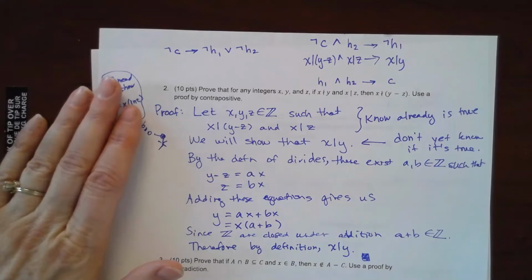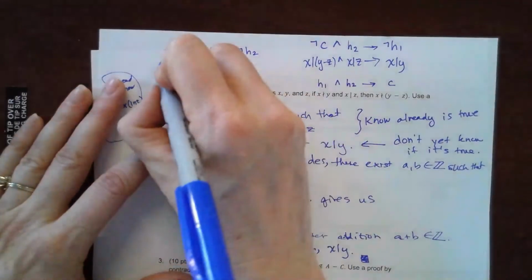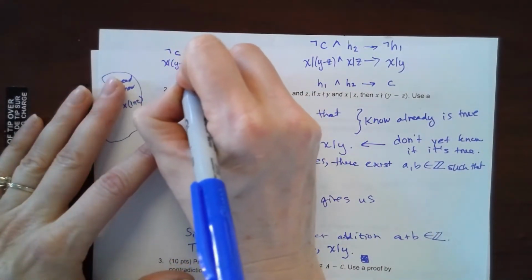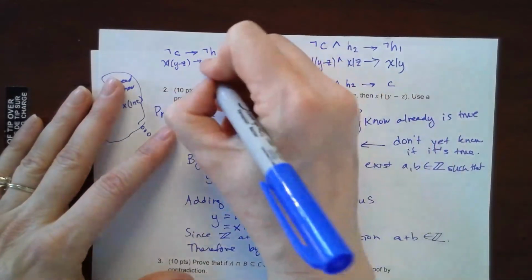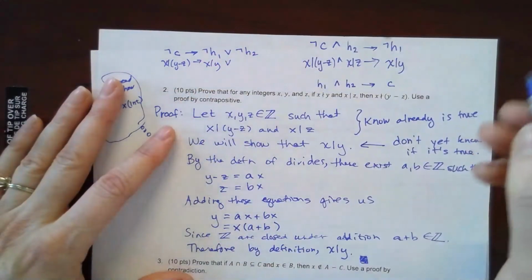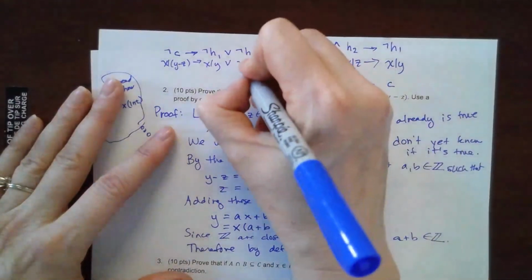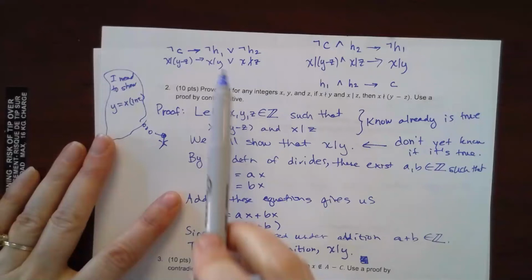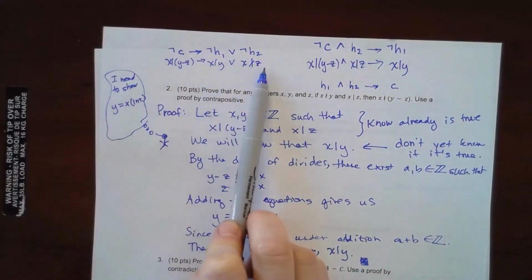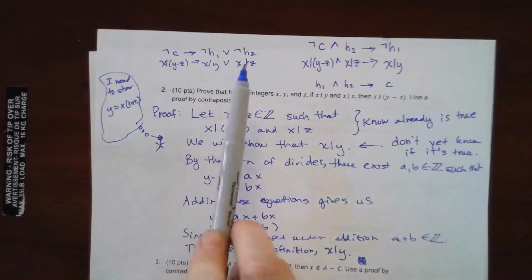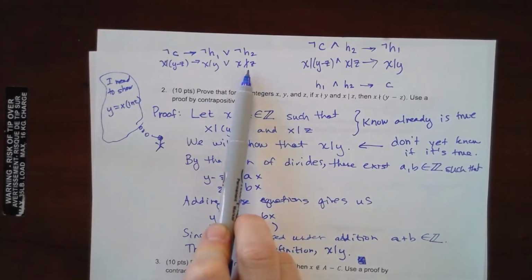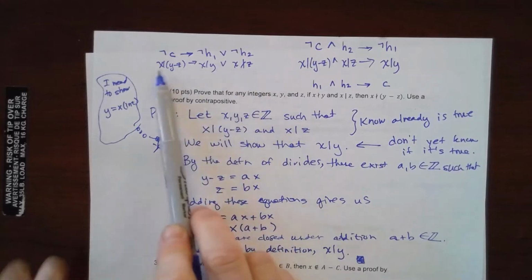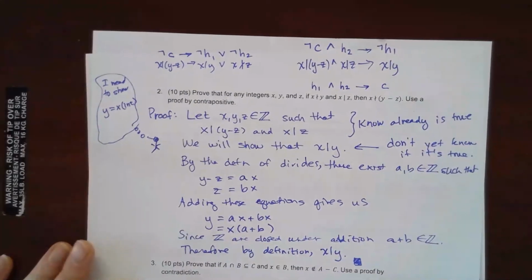But notice what that is: x divides y minus z implies x divides y, or x does not divide z. Trying to prove this, first of all, is really hard, to do an or. Also, doing a not divides is hard. Certainly I could try to prove that, it's just really hard.